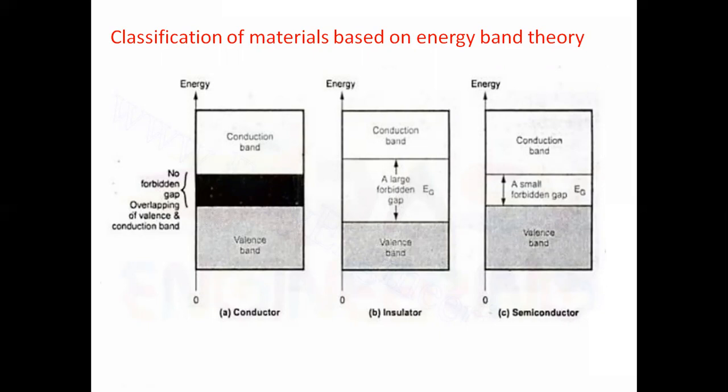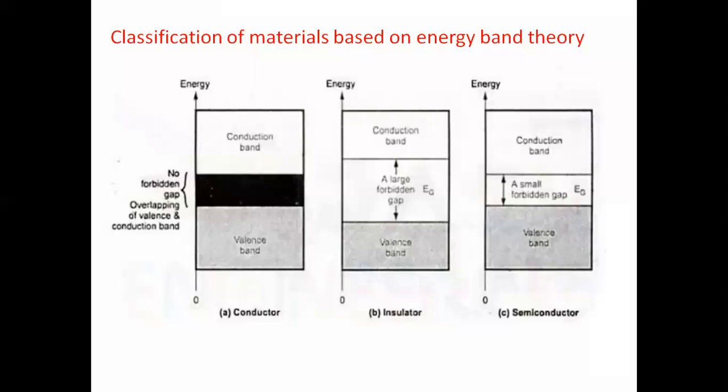Coming to the insulators, there is a large forbidden gap between the conduction band and valence band. Due to that, if we give some thermal energy or external light energy, the electrons in the valence band are not able to move to the conduction band, because there is a large gap, around 7 electron volts.